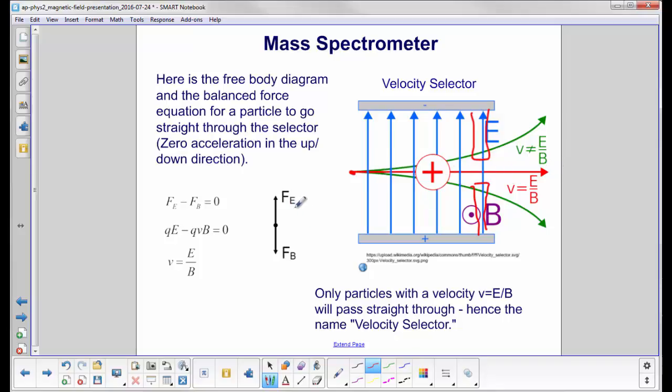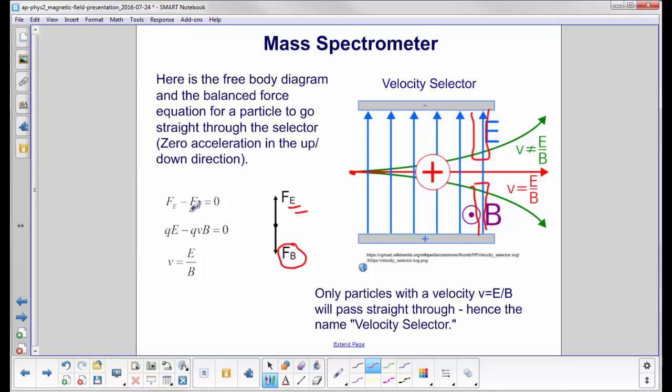So let's first of all explain this. The electric field is in the up direction, so the force on a positive charge would be up. Now for the magnetic force on a positive charge, you would use the right-hand rule. The velocity is this way. The magnetic field is coming out of the page, so that means the force through the magnetic field is down.